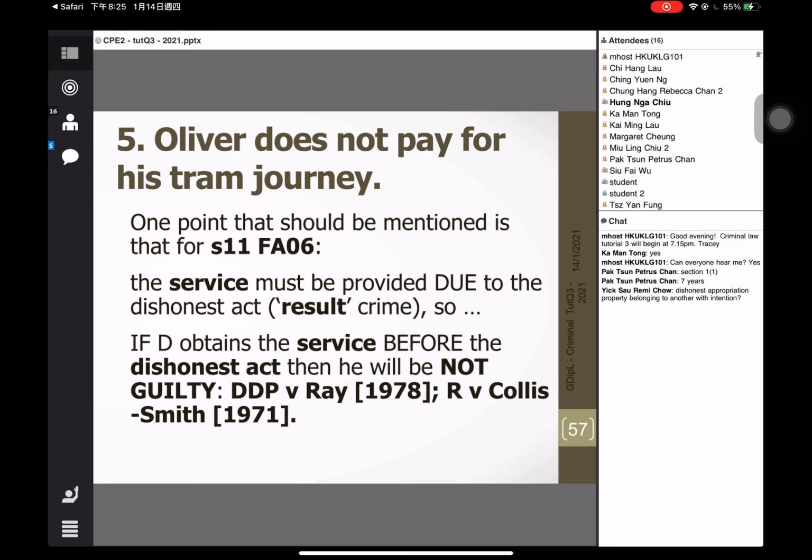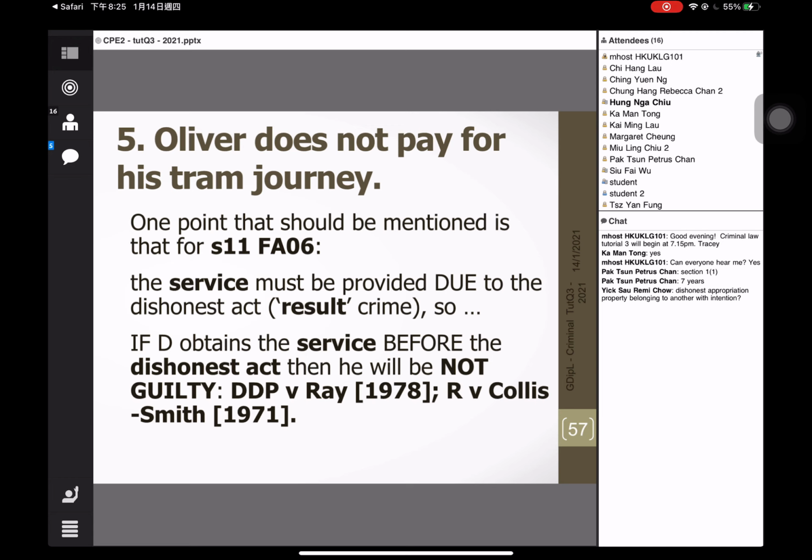So then in that circumstance, yeah, there will be obtaining services dishonestly, I think, if he manages to get, I don't know, a tram ticket from the machine by manipulating the machine to give him the ticket, or he just boards without getting a ticket, perhaps.